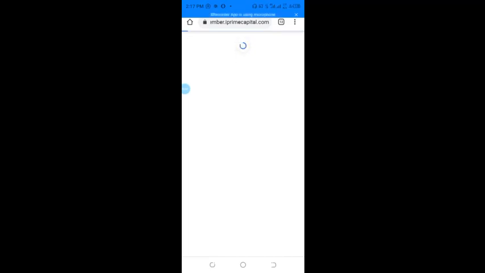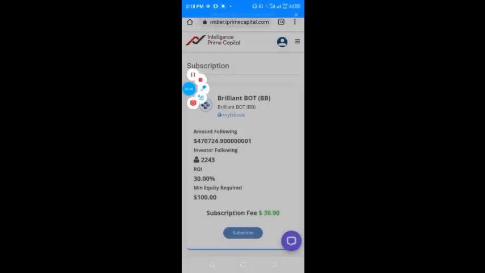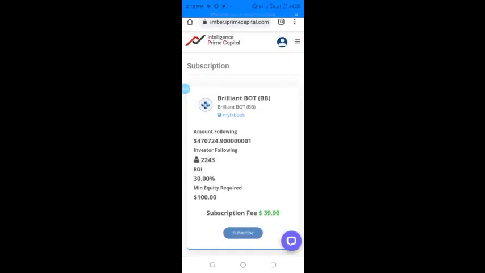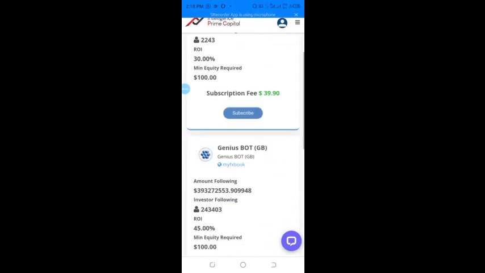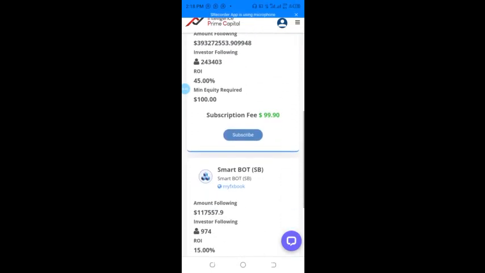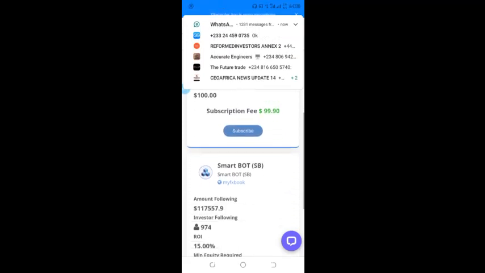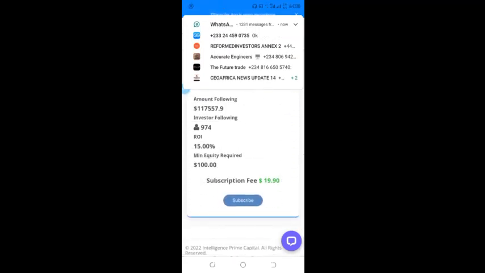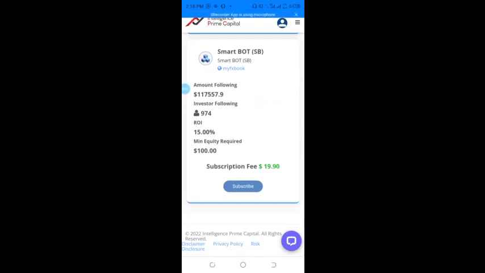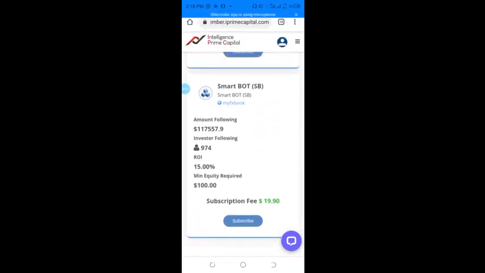I want to tell you confidently that IPC is a forex broker, and they embedded in the broker 3 robots, that is artificial intelligence, that can trade, that can read, that can analyze the market and take the perfect decision in trading activities on your behalf on daily basis. So this enables you to make profit.